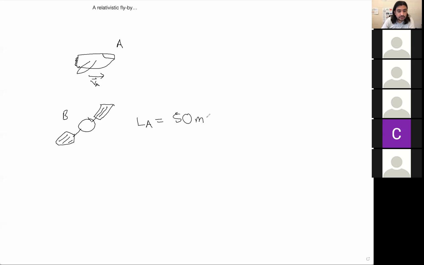All right, so your friend who's traveling on A says that when they got into the spaceship, in this frame of reference, it was 80 meters. All right, so here's the first question.